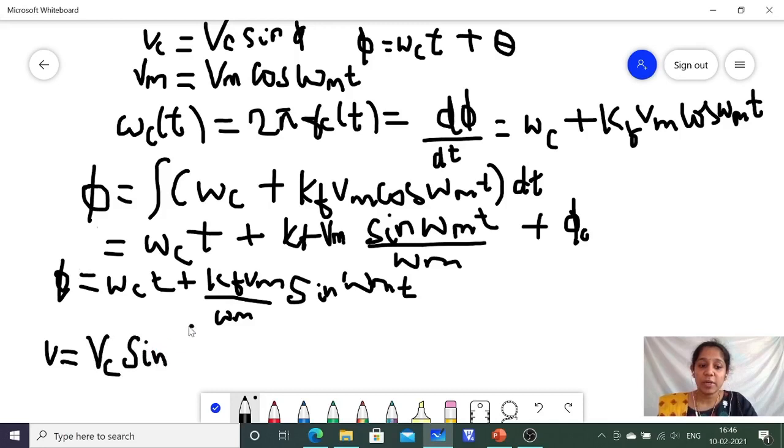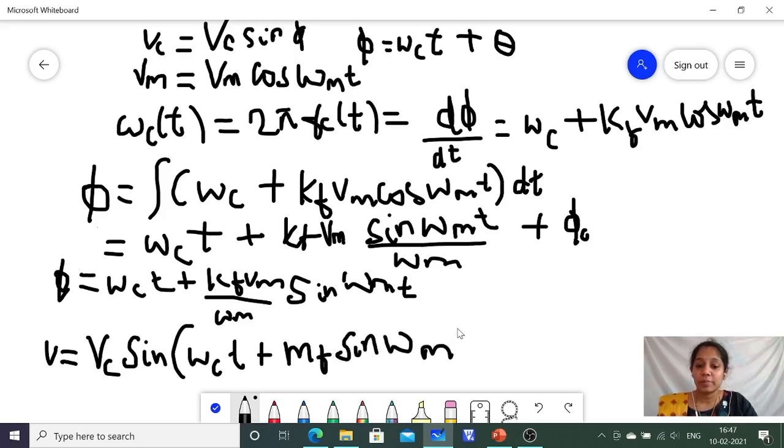Phi is nothing but omega c into t plus kf Vm by omega m, which can be written as the modulation index mf, into sine omega m into t. So this is the instantaneous value of the FM signal.